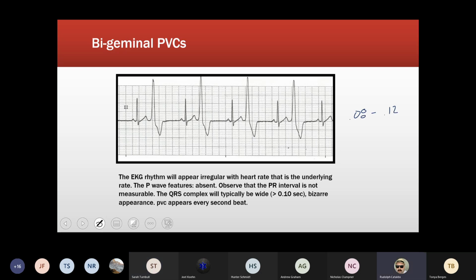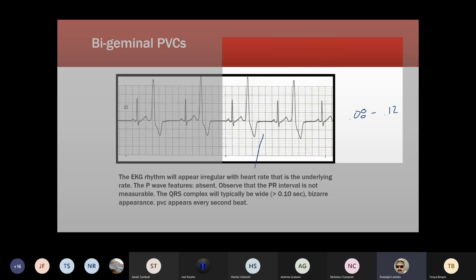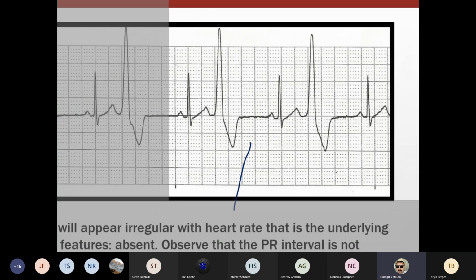Now let's zoom in on this. There we go. From the point that I get my first positive reflection to the point my S wave ends, how many small boxes is that? It's closer to 10.